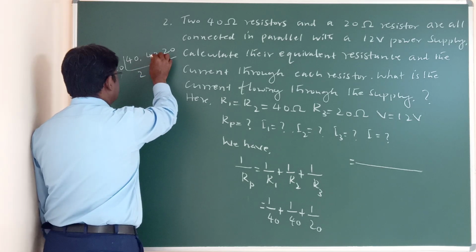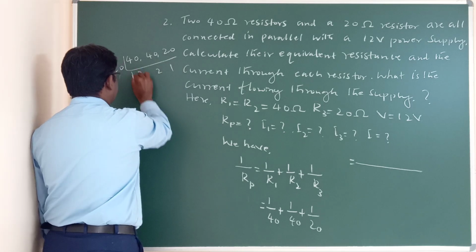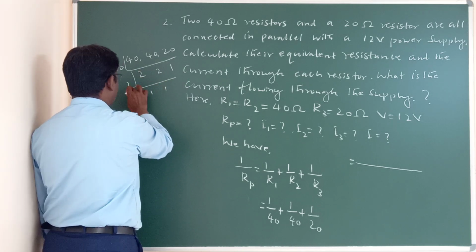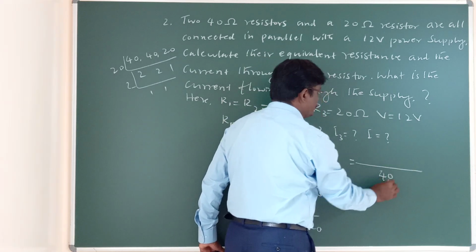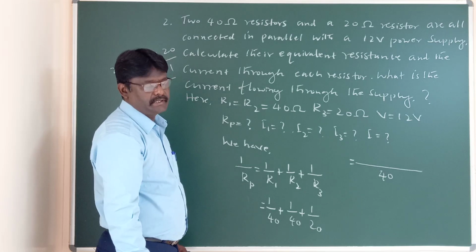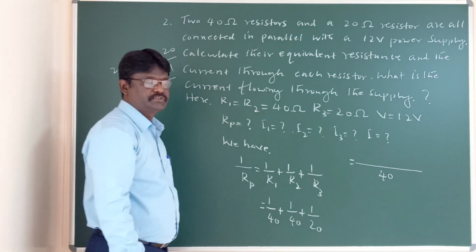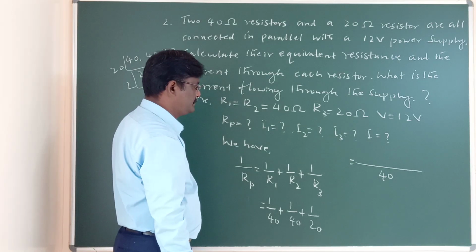Again 2 is common, 2 into 20 is 40. Of course, if you have a very strong command you can do it directly, but don't go for such things. Better follow, factorize and get that.